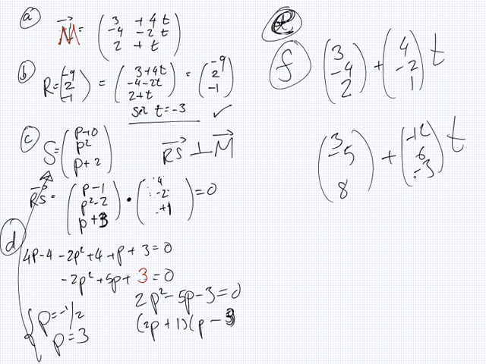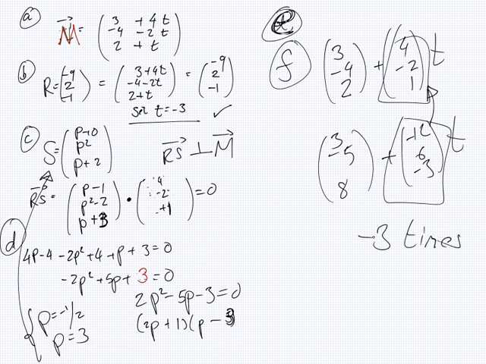That's the way, yes. You need to show that this is a multiple of this. Well, it is. It's minus 3 times it. And that's enough. That's all you need to say.